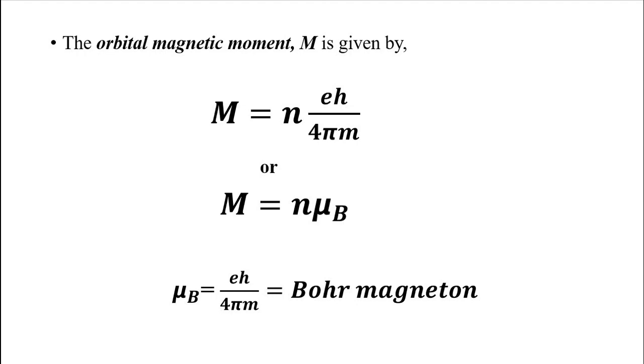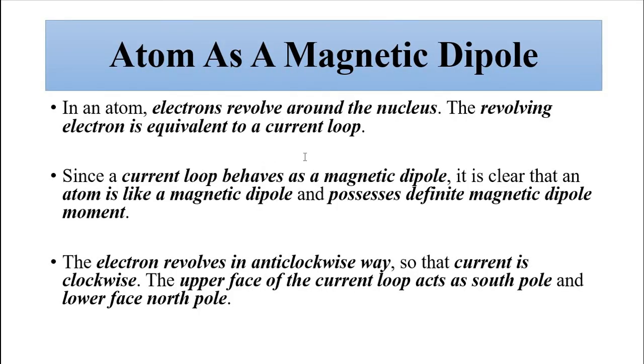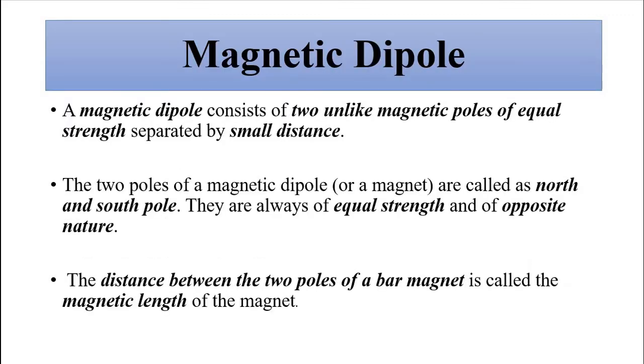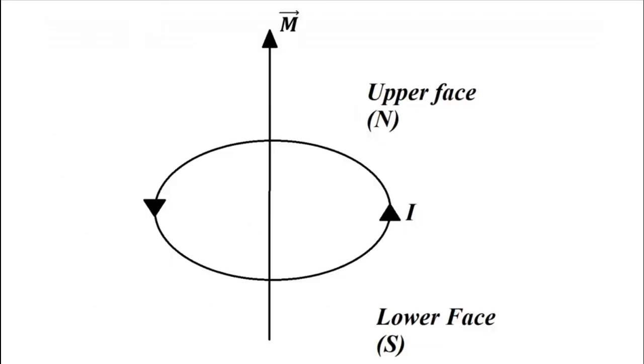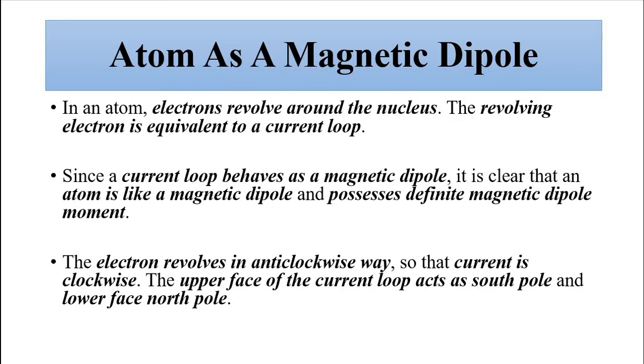I don't want to introduce all those things here. At that time, this concept of the atom as a magnetic dipole will come into play. So this is about magnetic dipole. We have discussed basic concepts related to that, the current loop as a magnetic dipole, and the atom as a magnetic dipole.